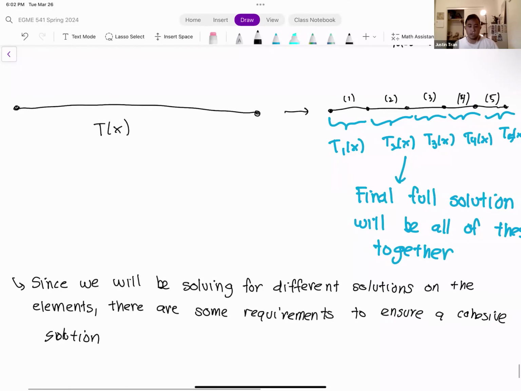Because ultimately, what we want at the end of this process is for all the solutions to make one nice contiguous solution. We want them all to work together. We'll solve for each one individually, but together they should form one big, nice picture. So what are these requirements?